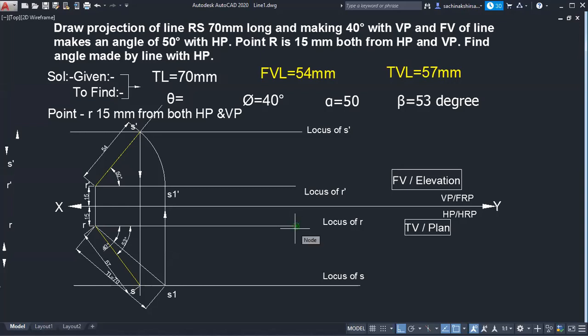So here I cannot draw the arc directly. So I will first draw a circle by taking this distance, and the remaining I will erase.